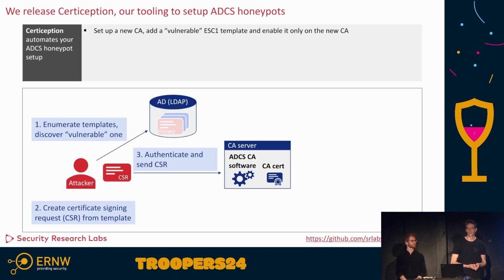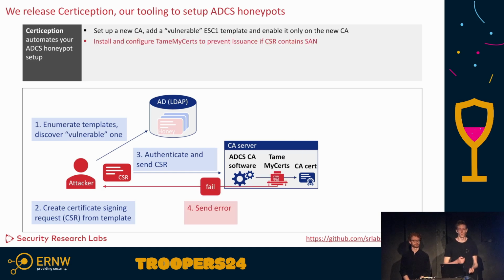All right, and now it's time to announce Certiception. As part of this conference, we're going to release our tooling to set up ADCS honeypots. Certiception sets up a new certificate authority, adds a vulnerable ESC1 template to just that CA, and enables it there.